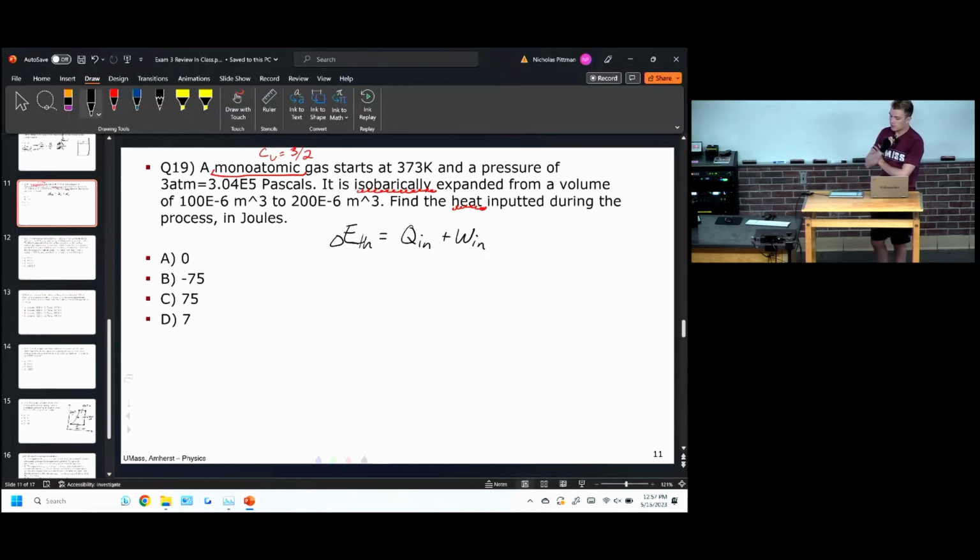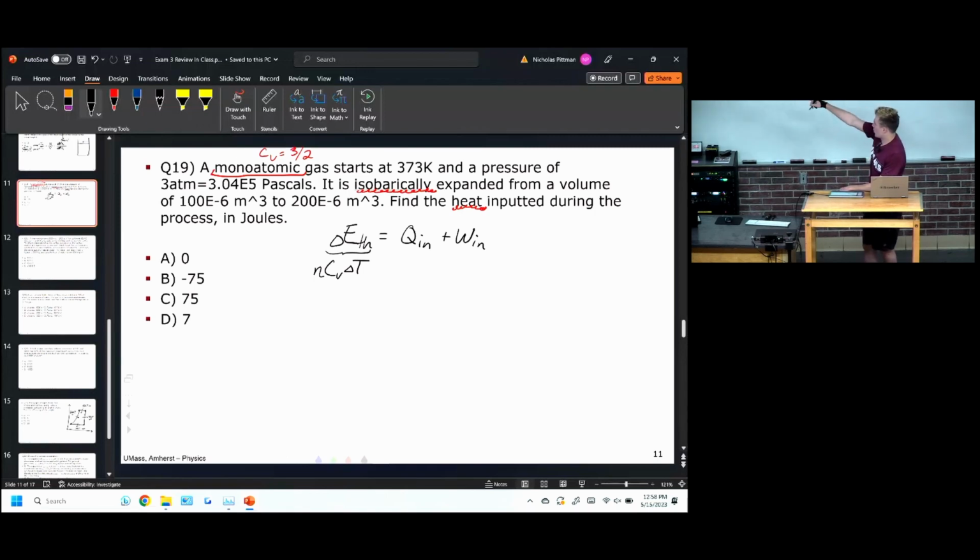Now I should try and simplify this. Remember how I said if you just leave kinetic energy without replacing it with 1/2 mv squared, you go nowhere? You should actually replace delta E thermal with what it's equal to. So delta E thermal is always equal to n capital CV delta T. That one you should pretty much always do because that's always true.